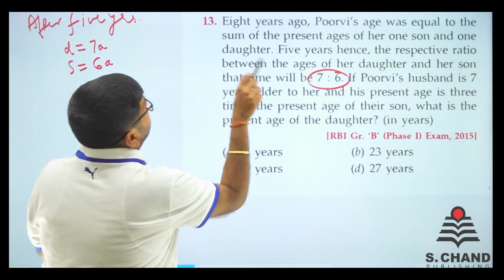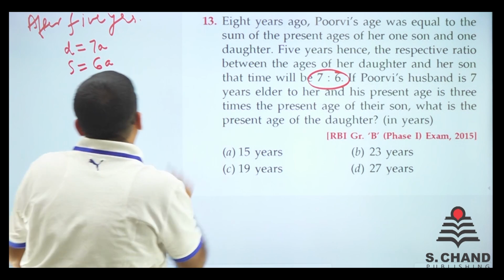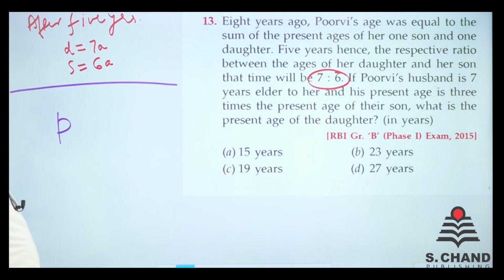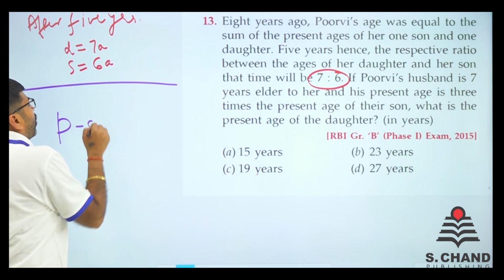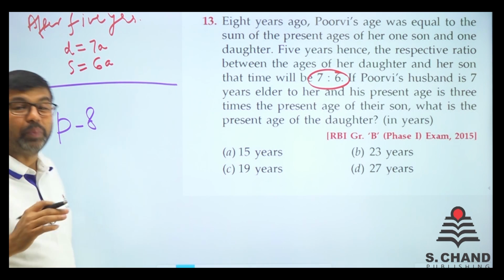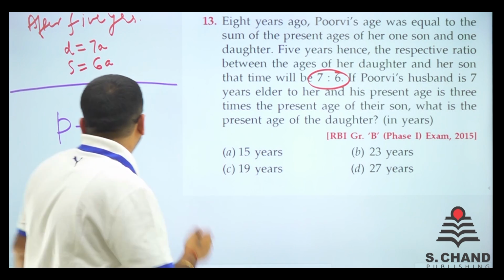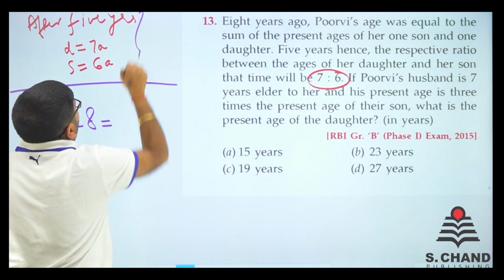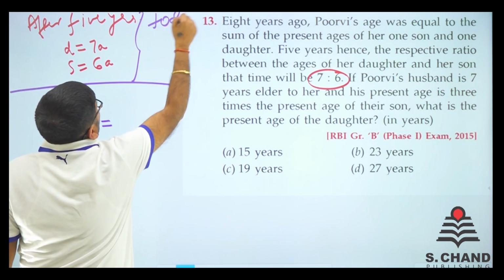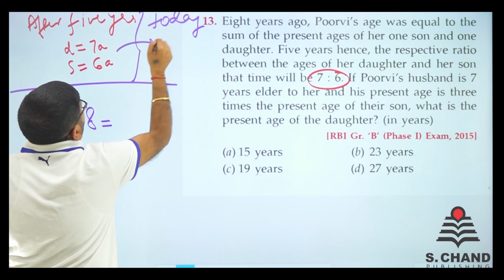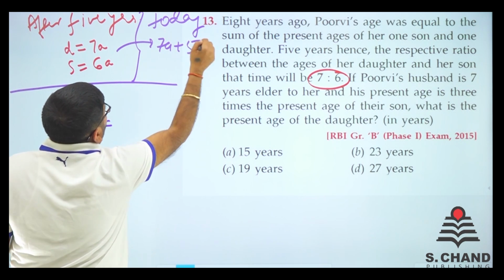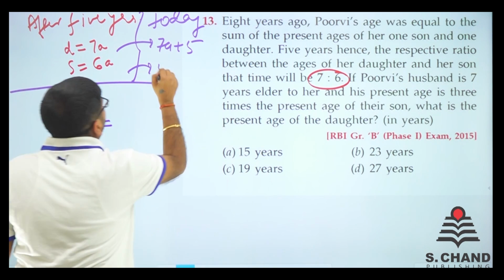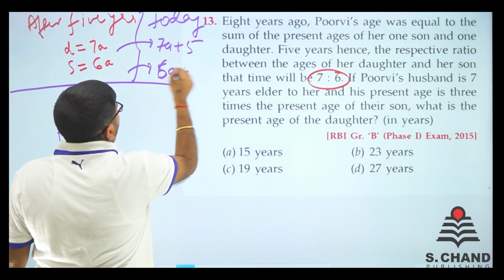Now 8 years ago, Purvi's age was equal to, say for example, Purvi's age today is P, and 8 years ago it is P minus 8. Today, when we talk about today, this will become 7a plus 5 and 6a plus 5.